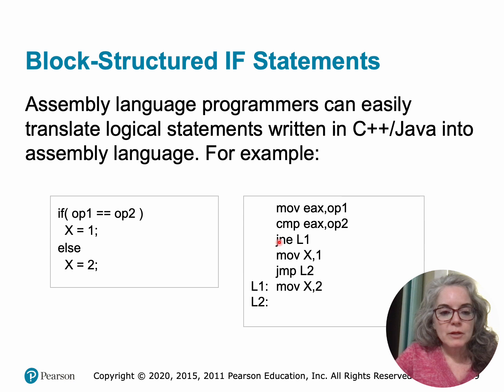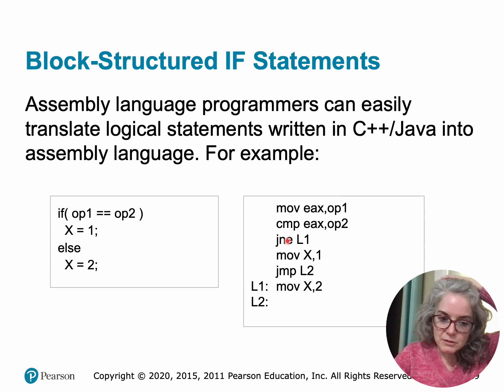So if OP1 and OP2 are not equal, then we're going to jump to L1 and change X. We're going to move 2 to X, same as we did here. If these aren't equal, we move 2 to X. If these are equal to one another, then we're not going to do this instruction.